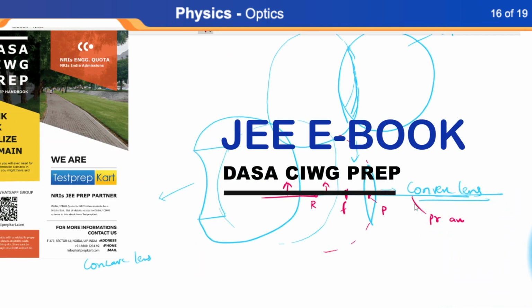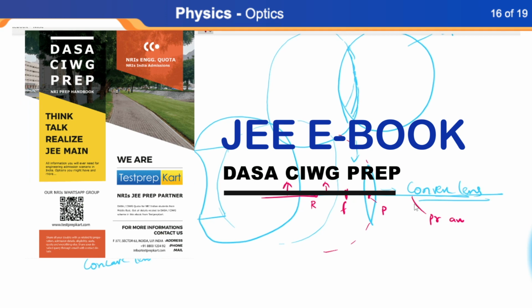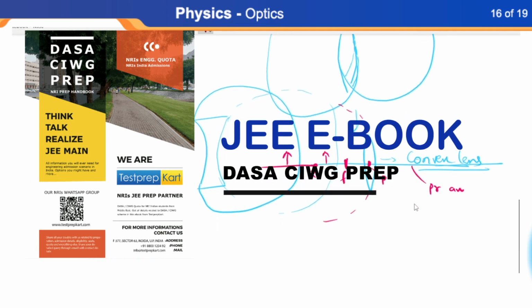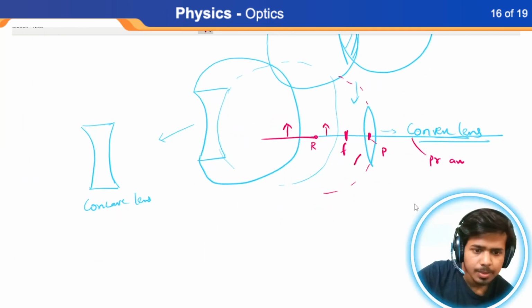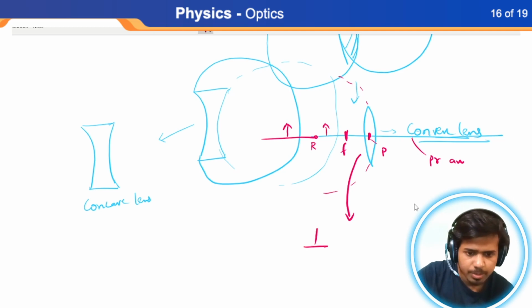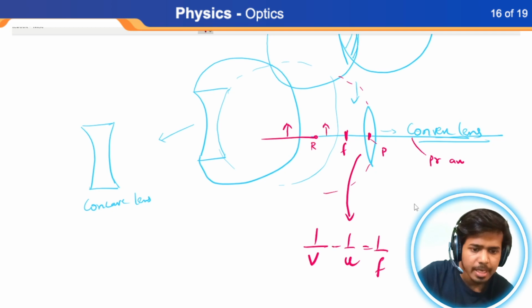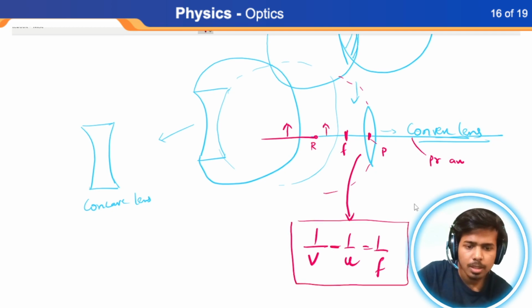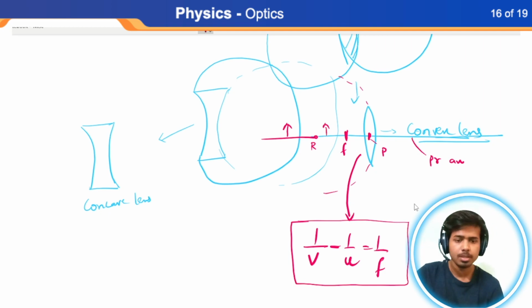Now in lenses we have the formula 1 by v minus 1 by u is equal to 1 by f. It's just a minus and plus of a difference with respect to the formula for the spherical mirrors.